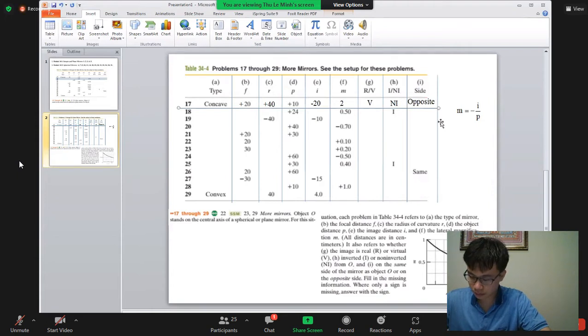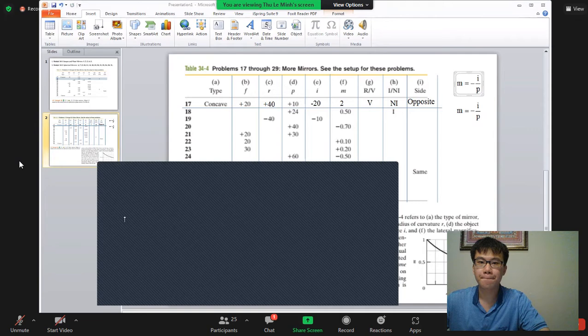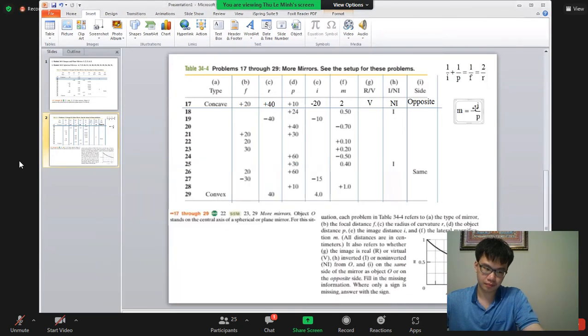Okay. So based on the first one and using the mirror equation, 1 over I plus 1 over P equals 1 over F, or 2 over R. This is the equation of a spherical mirror and the definition of lateral magnification.